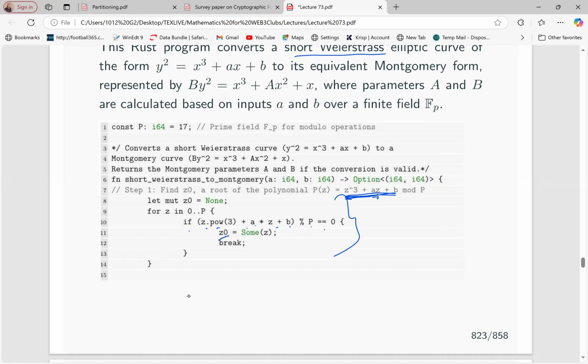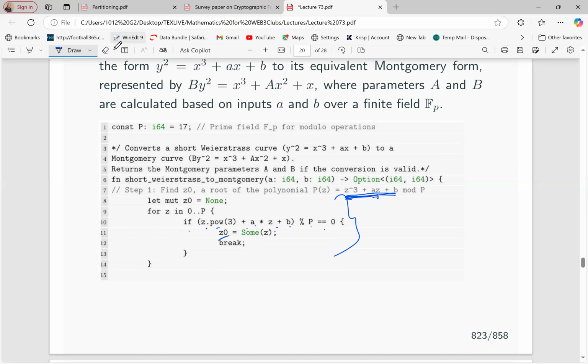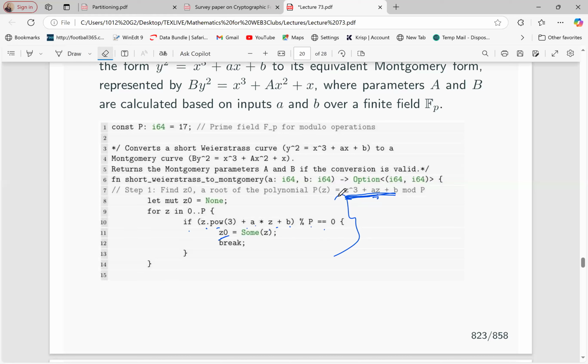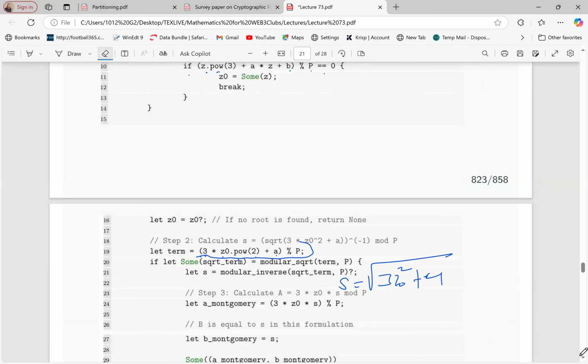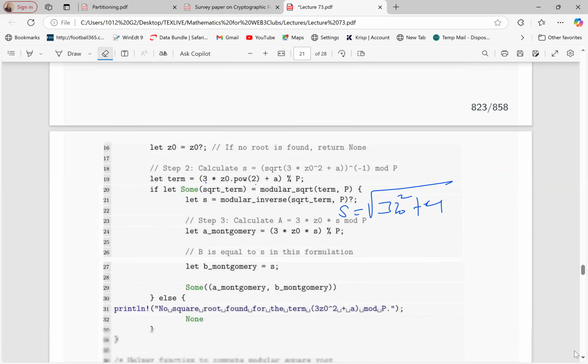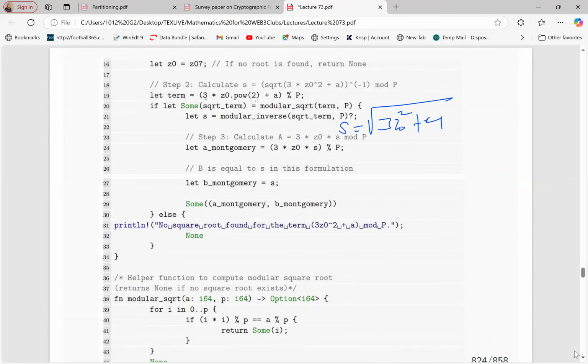In other words, there is a root. That's the first condition it's checking, whether it is 0 or not. And the second condition is here. So you give it all the conditions to check.